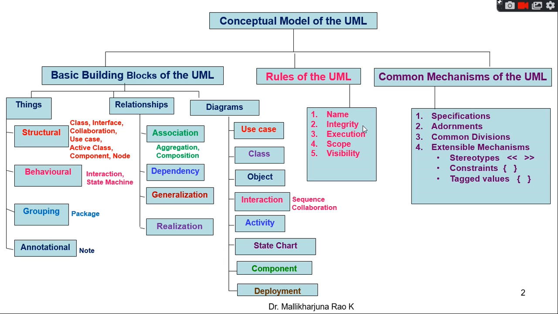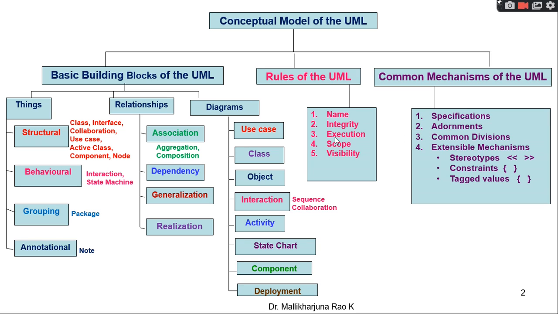Integrity tells us how far the elements designed in the diagram are integrated. Then execution, scope, and visibility. We'll talk particularly about scope and visibility. Scope: how long that particular entity exists, whether it is local scope or global scope, what its lifetime is, particularly when you model the sequence diagram, activity diagram, and state chart diagram.